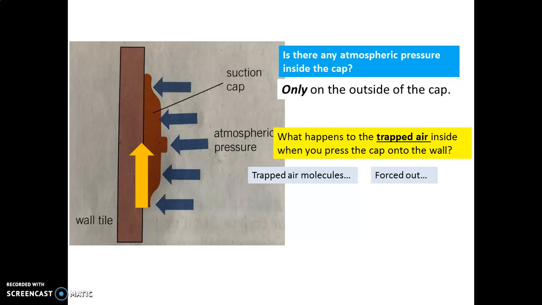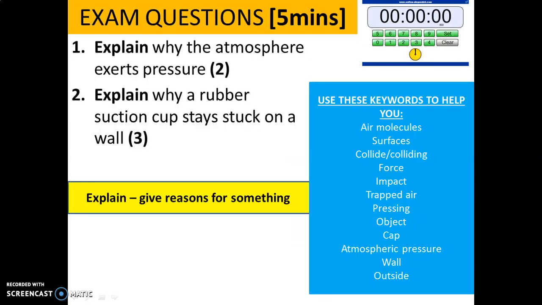And in doing so, the collisions they have with each other, that can be determined as impacts per second, or small impacts that collectively have a large force being applied. Just keep that in mind in terms of this whole idea of why the atmosphere exerts pressure.